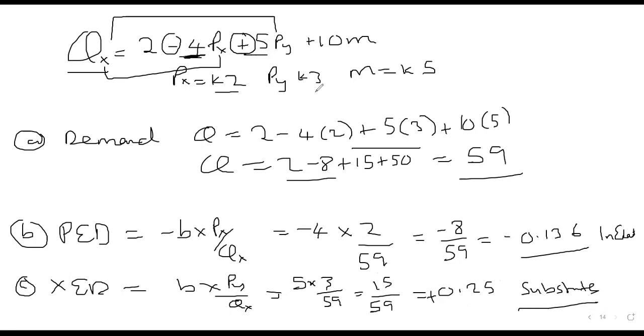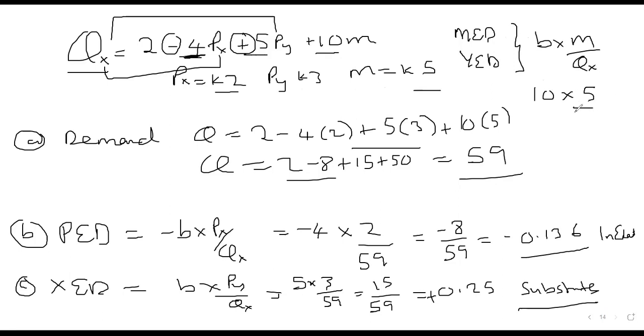Then finally, we go to the income elasticity of demand, or YED. Our B times the income over the quantity. So what is the gradient here? Our B is 10. Then our income 5 over what? 59.